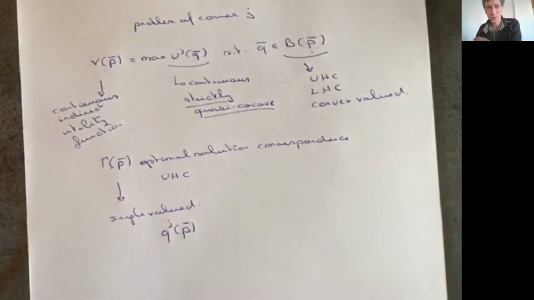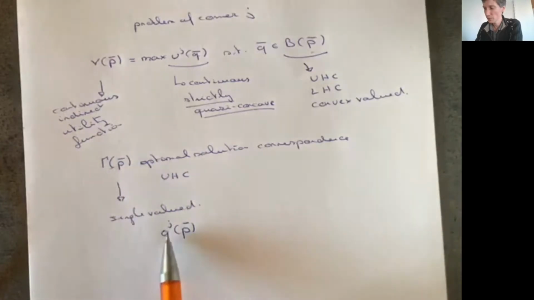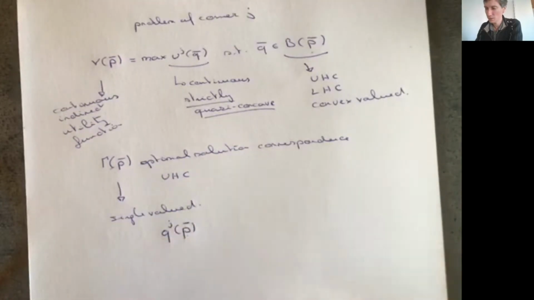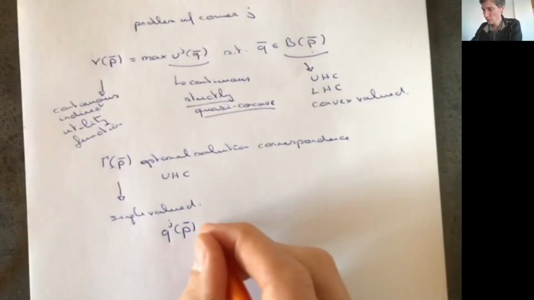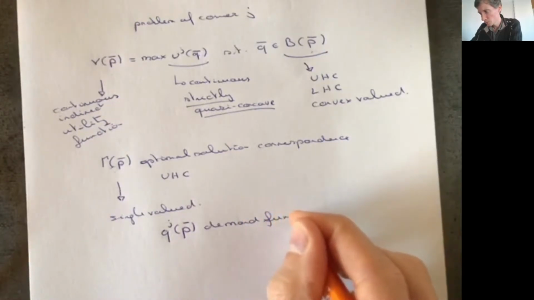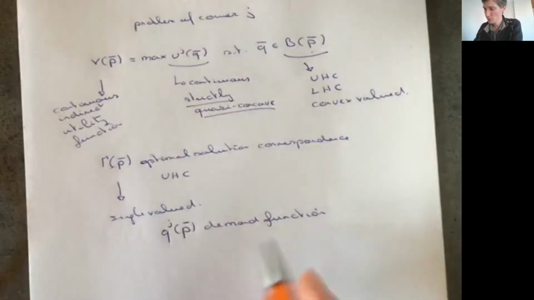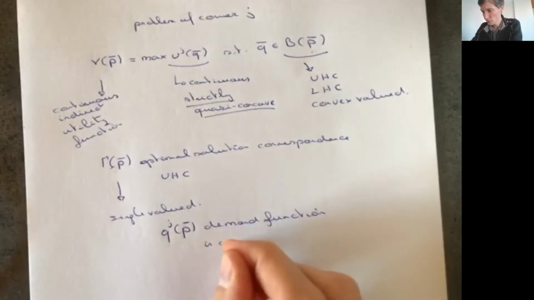So let us write this as q_j(p), which is the element that the set contains. This will be the demand function. And because this is upper hemi-continuous, we know that this demand function is continuous.